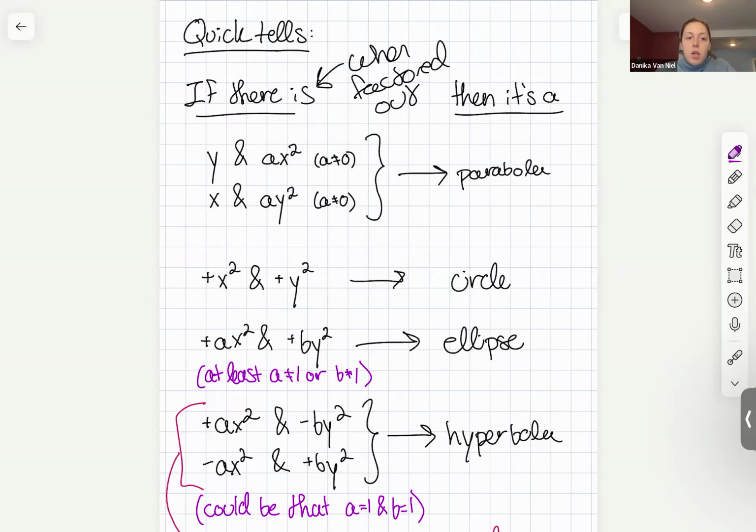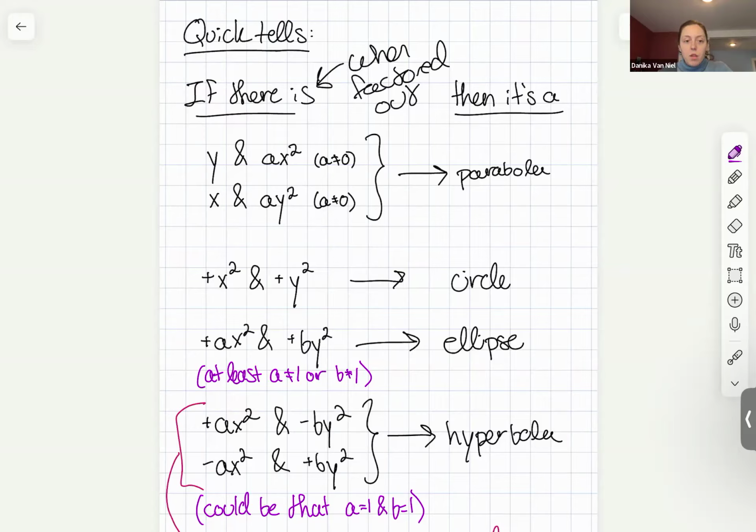Because if a equals b, then you just move that to the other side, and that's your radius, and then it is a circle. It's for a and b not the same, and one of them not one. Well, if they're both one, then they are the same, right?